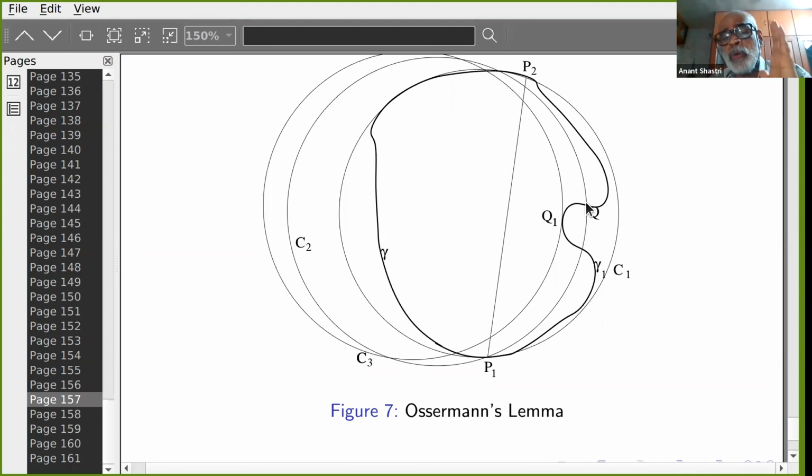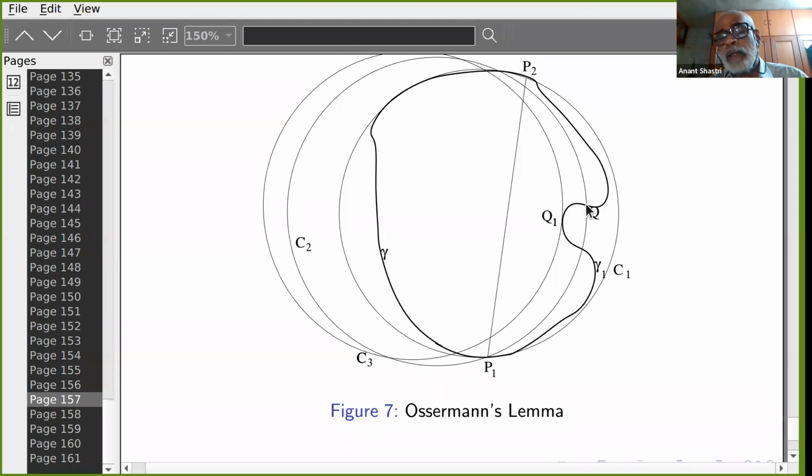Now what am I going to do? I fix this circle. I forget about these points. I start moving it parallel to this P1, P2, parallel to this chord. Move it till it becomes tangential to the curve gamma.